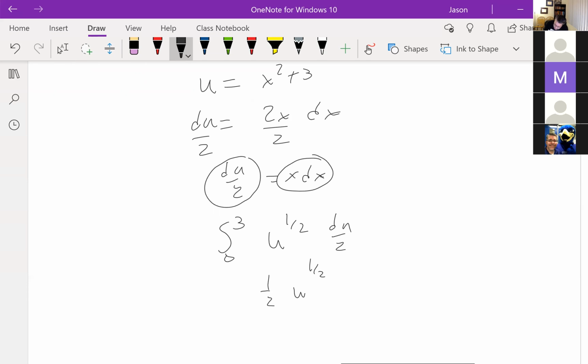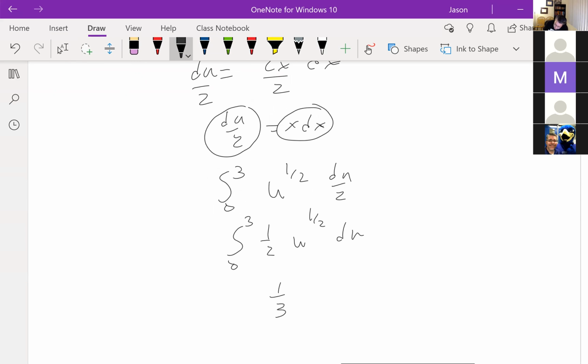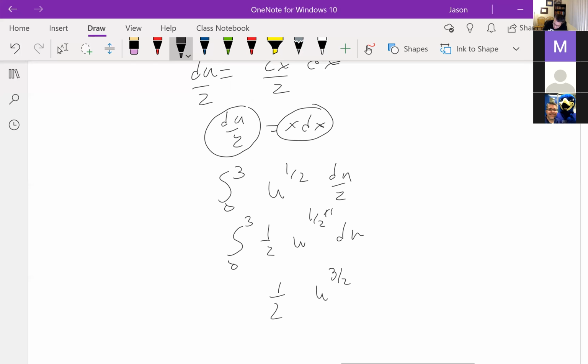Now I need to integrate du from 0 to 3. So this is 1/2. I want to add 1 to this. And so what's 1 plus 1/2? It's 1 and 1/2, but I want to make it a fraction. So this is u to the 3/2. And then I divide by 3/2, but that really is multiplying by 2/3.